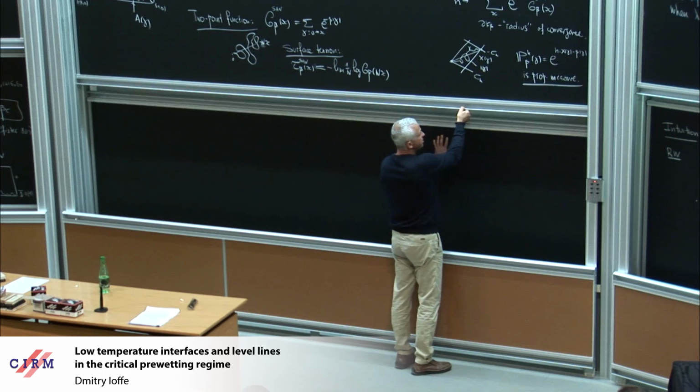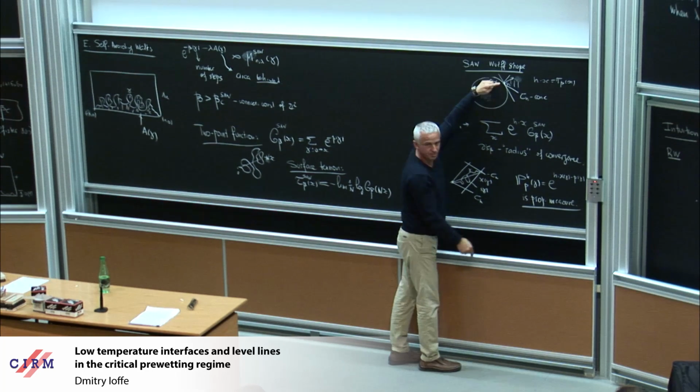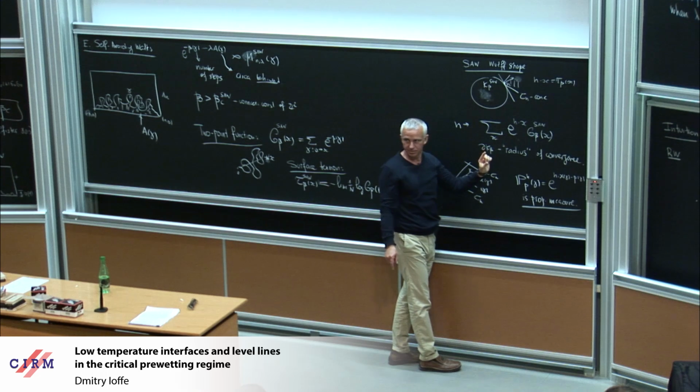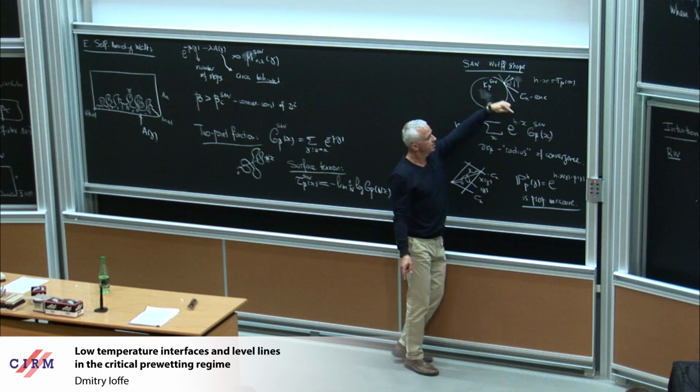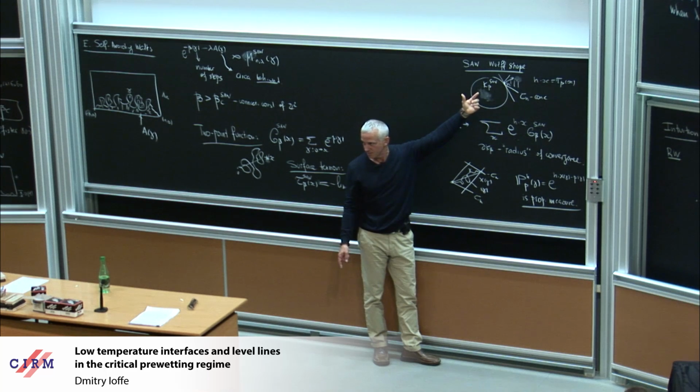Which means now, if I vary h a little bit around this point, I can use the very same cone, which means I can use the very same family of irreducible paths. Which means that I have a parameterization of the boundary of this Wulff shape around any h sitting on it.